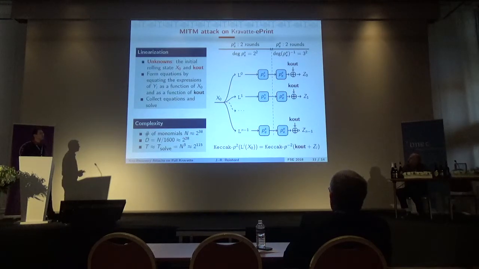We already saw how we can compute the number of monomials in K out at this stage. The number of monomials that we form in the beginning is just the total number of monomials in 1600 variables of degree less than 4. So this leads to attacks with a really low data complexity.